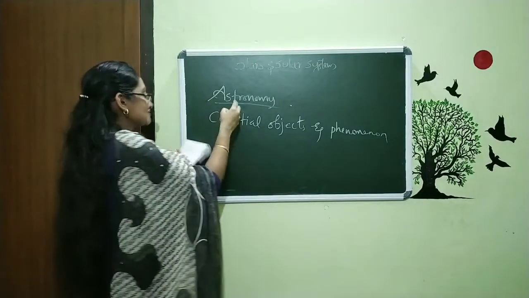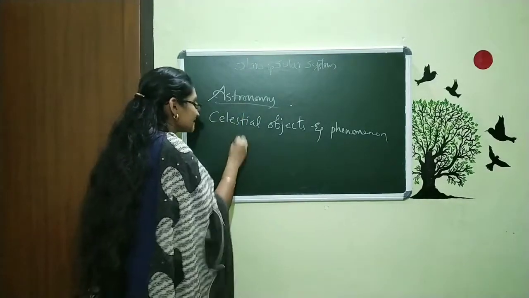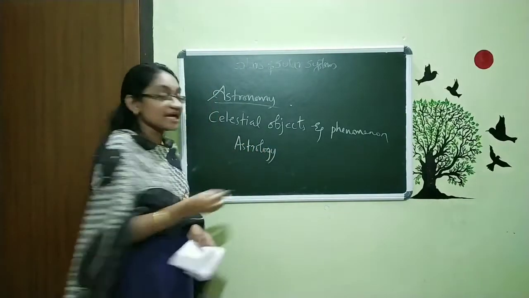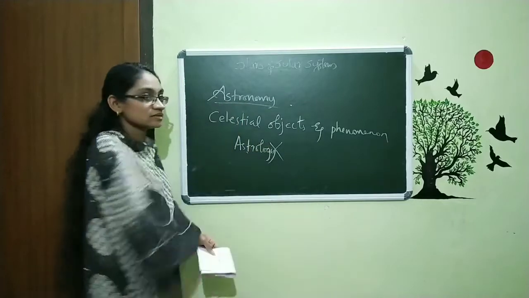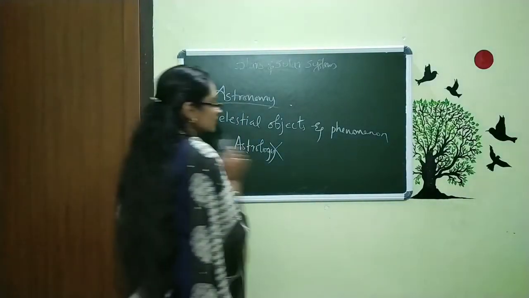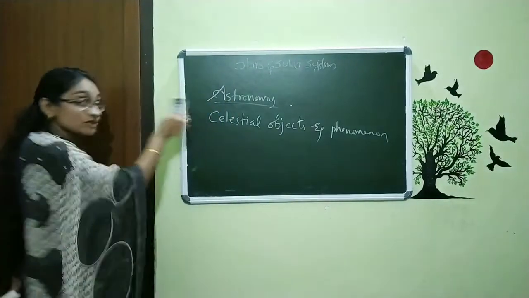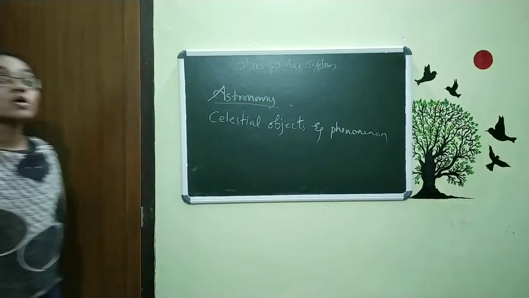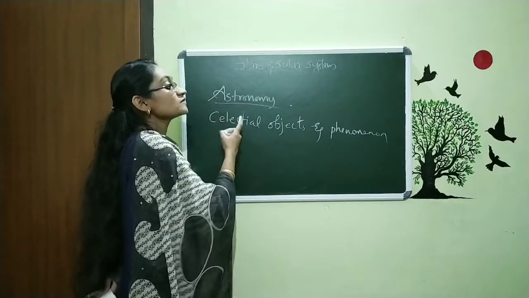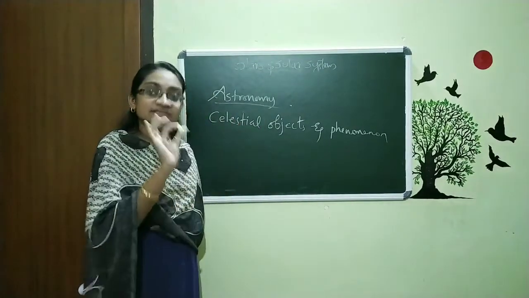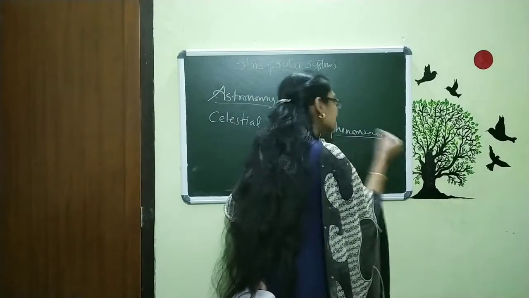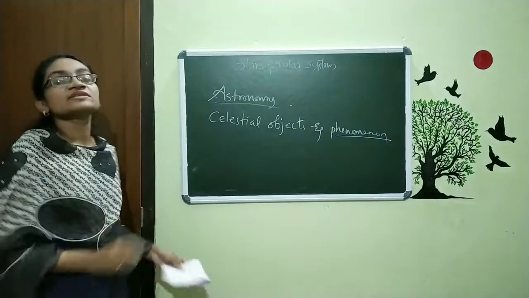Don't confuse this with astrology. That is something entirely different, and science has no such evidence for it. Our topic is astronomy, A-S-T-R-O-N-O-M-Y, the study of celestial objects, meaning the things present in our sky and space, and the related phenomena. This is all about this chapter.